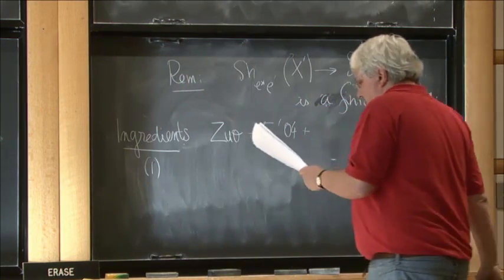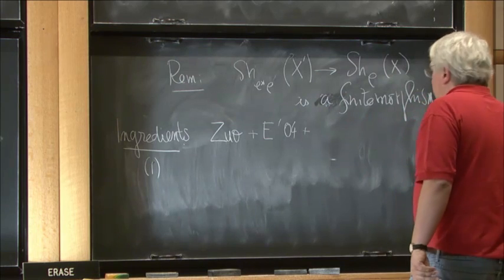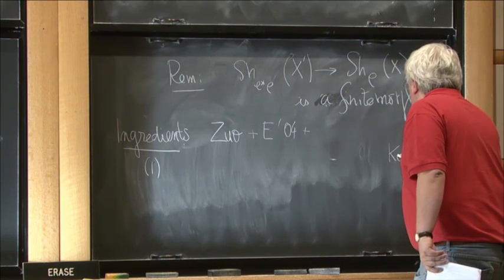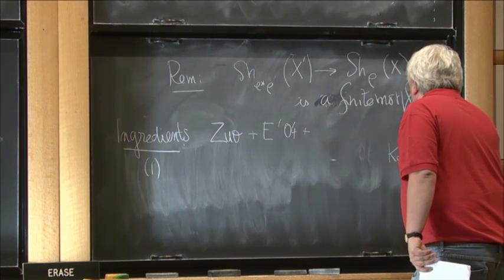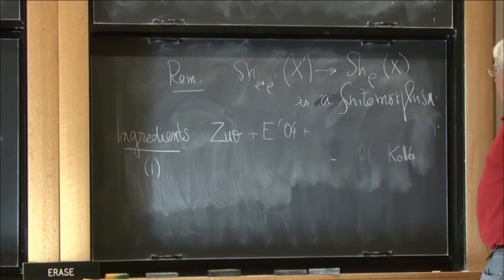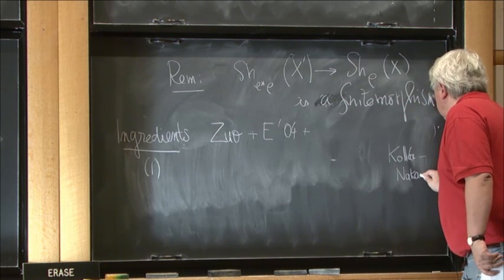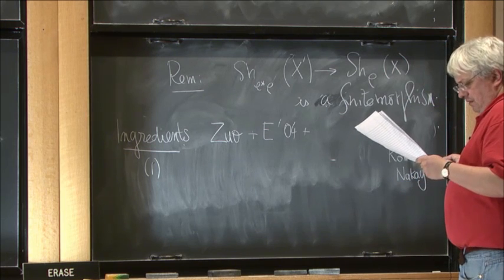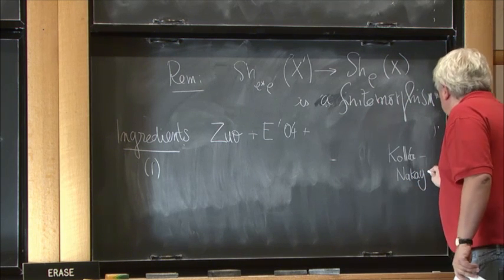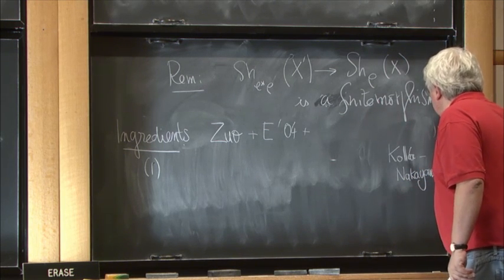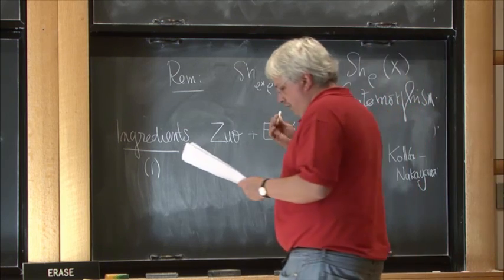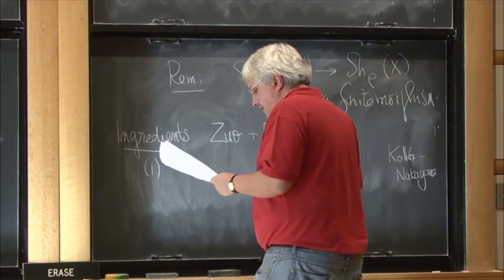ingredients. So first of all, it's a slight generalization of a classical result of Kollár, which was pushed to the Kähler case by Noboru Nakayama, with a slight twist.